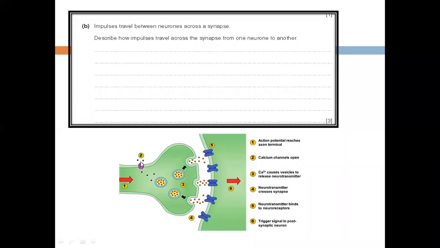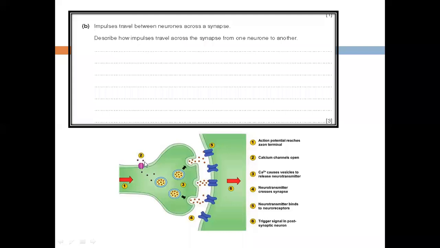Okay, so what happens here? The first thing, when the impulse reaches the presynaptic nerve, special channels will open. Those channels are called calcium channels. And you see here in this presynaptic nerve, we have vesicles containing neurotransmitter.